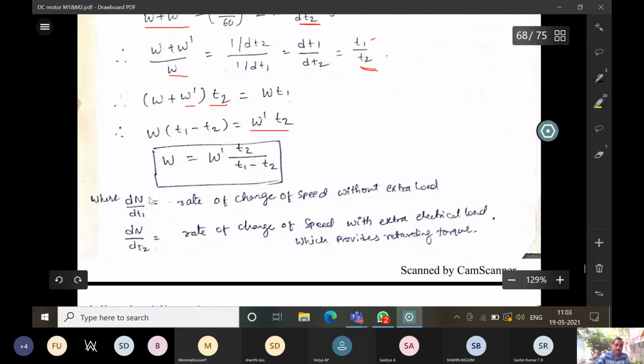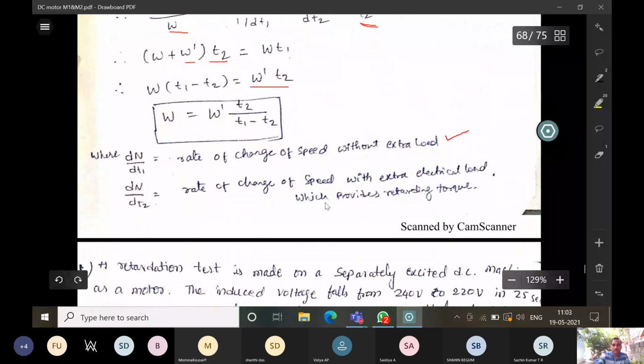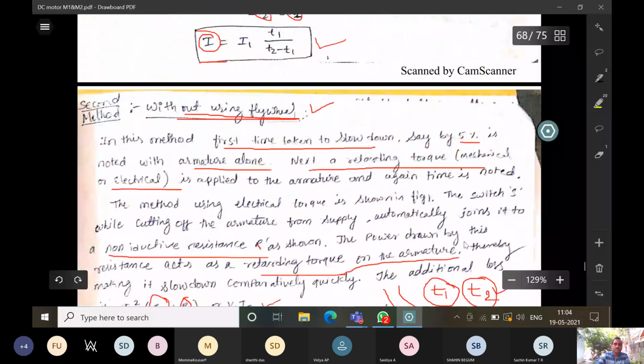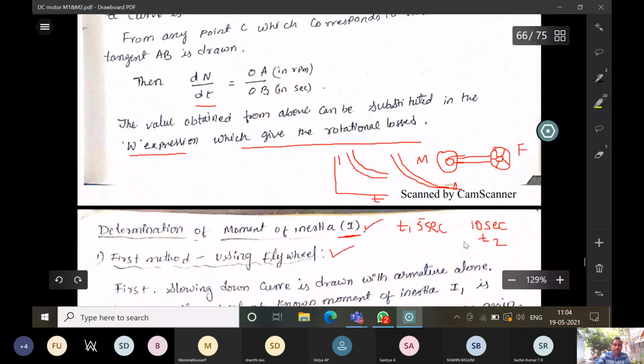Here dn by dt1 is the rate of change of speed without extra load, and dn by dt2 is the rate of change of speed with extra electrical load, which provides the retarding torque. This is the way of finding rotational losses in the retardation test.